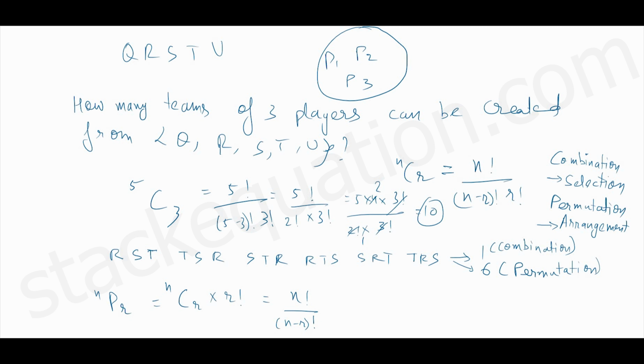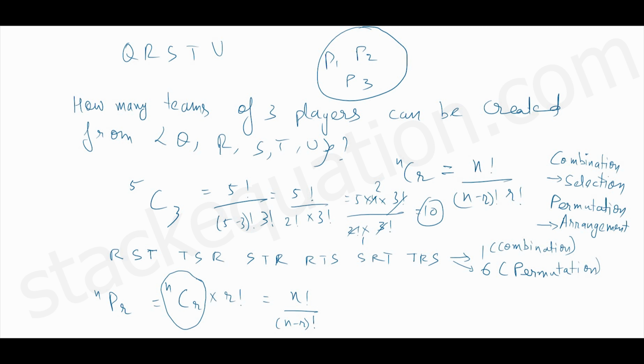So what we do, we first select how many ways we can make a team of 3 players from 5. And once the selection of our players is done, then we arrange them using r factorial, right?